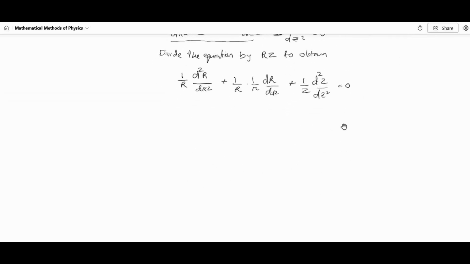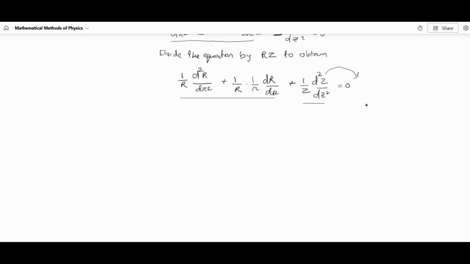Now after obtaining this, we can see that this term contains all the functions of r only. This term also contains either the variable r or the functions dealing with r. And here this contains z, which is a function of z. Okay, now what we have to do? We have to keep these terms containing the function of r on one side, and this term we will move to the other side.